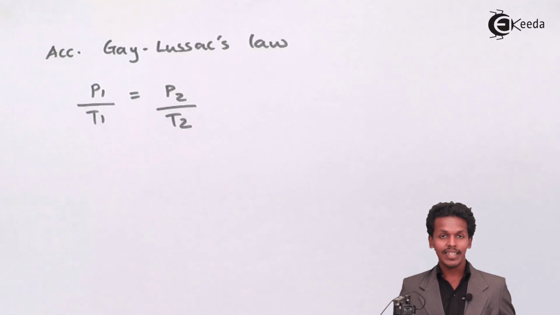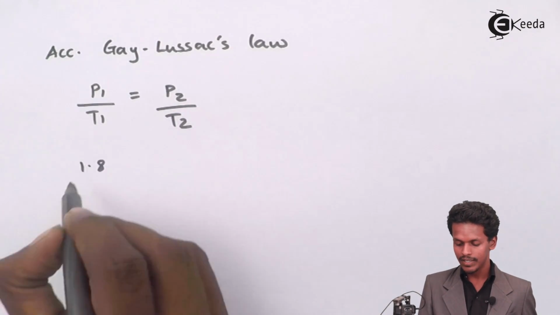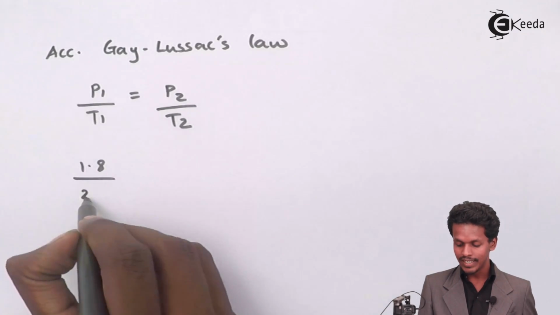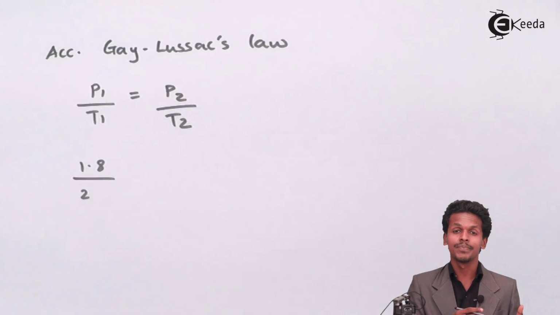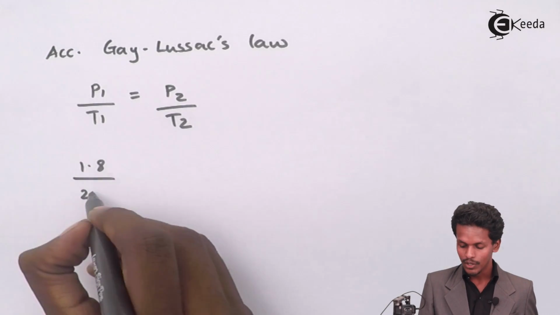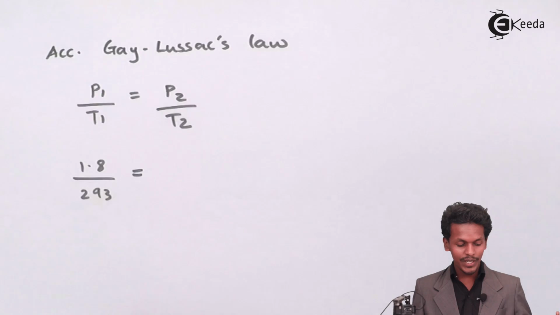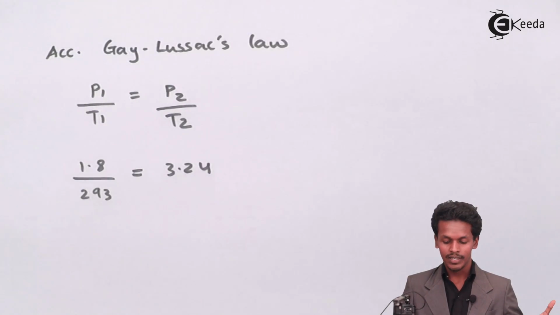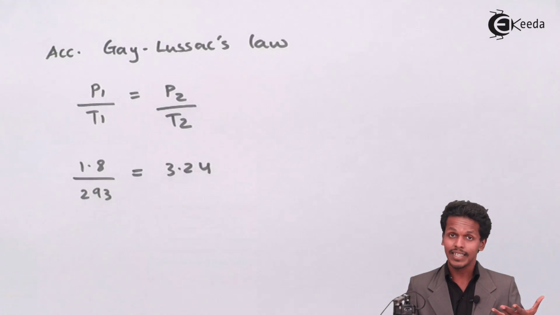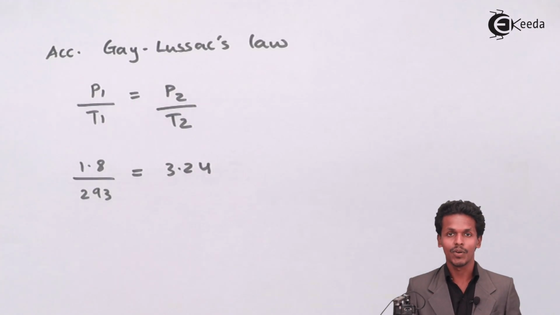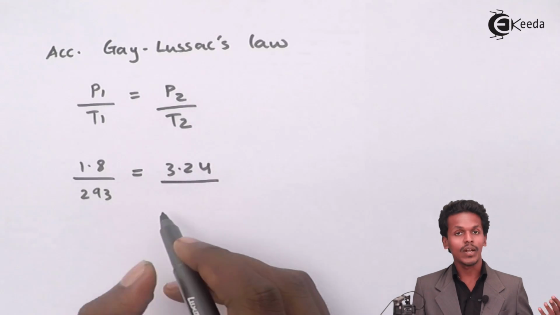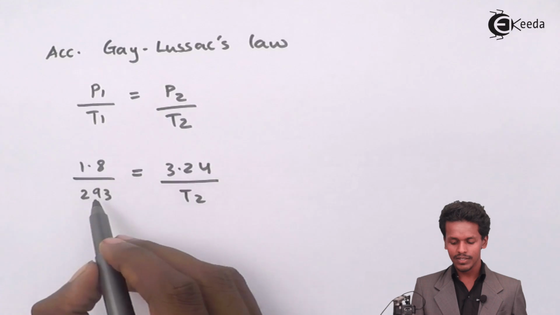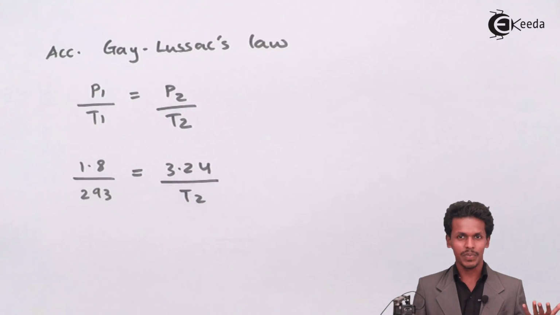Here P1 is 1.8, T1 is 293, converted from degrees Celsius to Kelvin, equals P2, that is 3.24, which is the 80% increase of 1.8 atmosphere. Now we have to calculate T2, which will be in Kelvin, because 293 is itself in Kelvin.